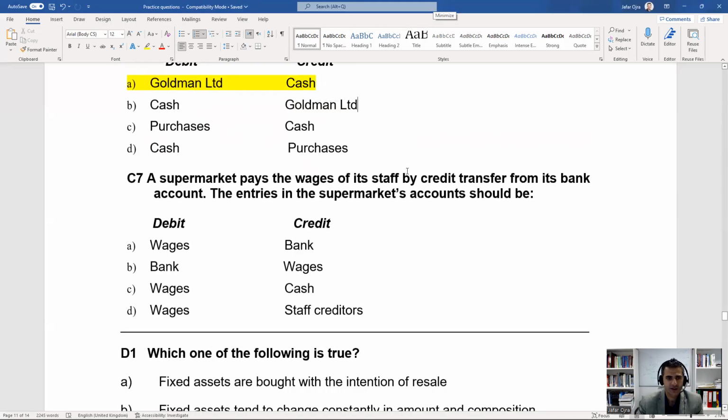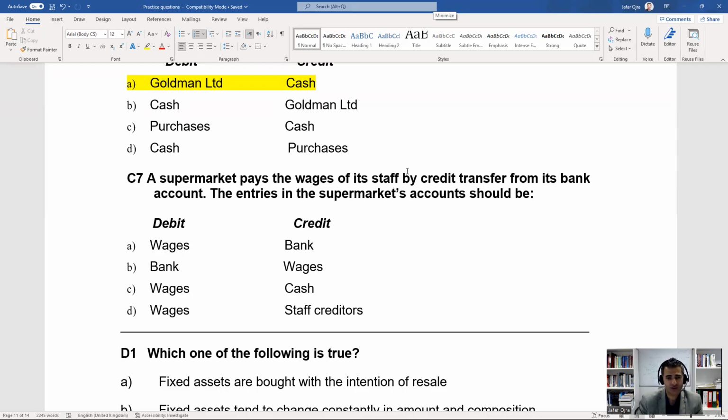C7, a supermarket pays the wages of its staff by credit transfer from its bank. So that must be really straightforward. Wages as an expense. And if you go back to the debit and credit rules, you know that all wages must be recorded on the debit side.